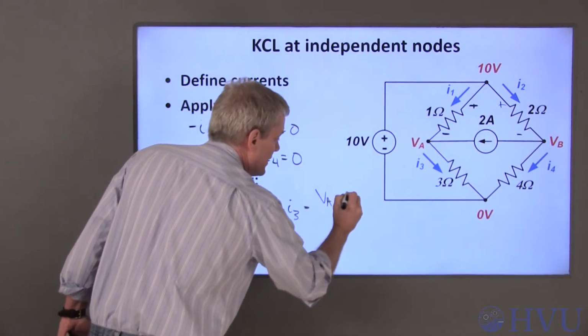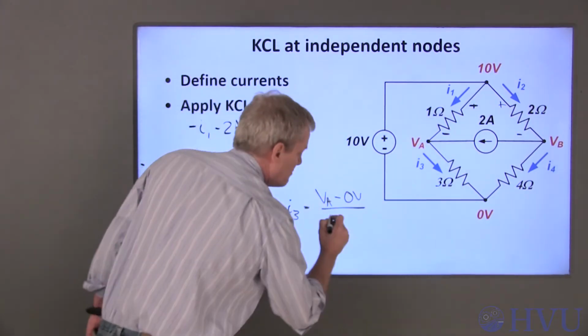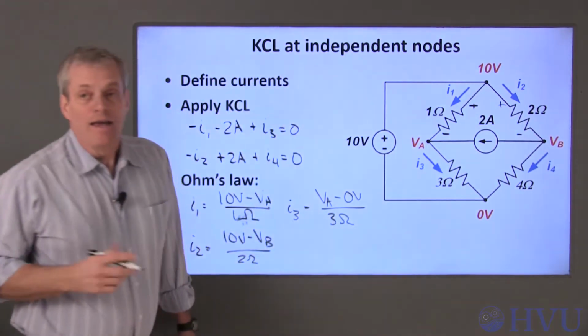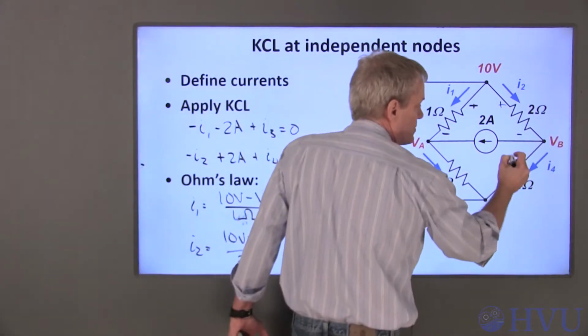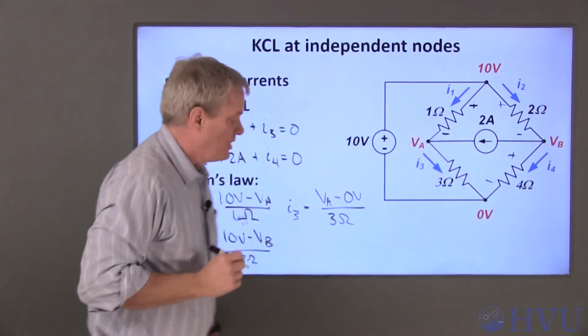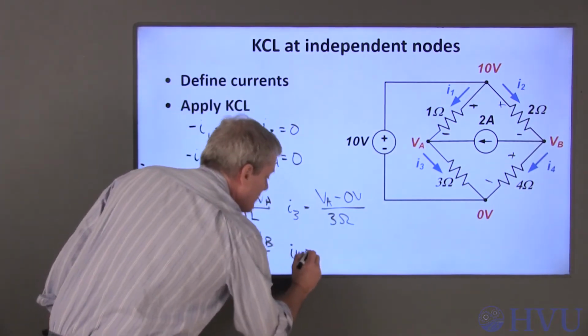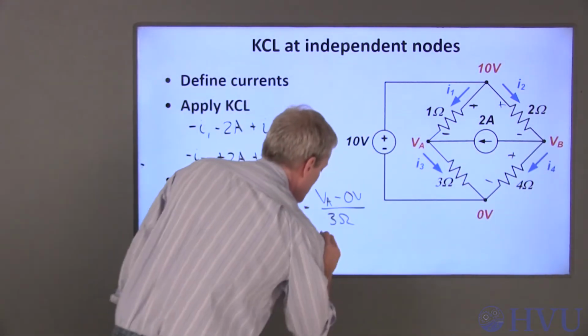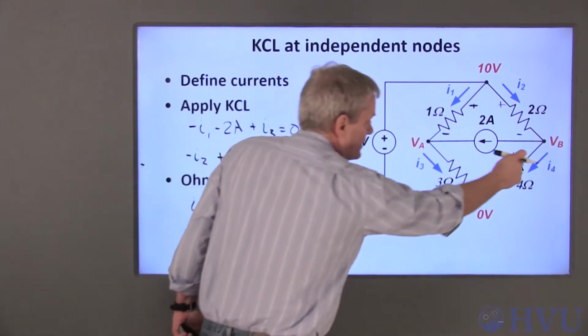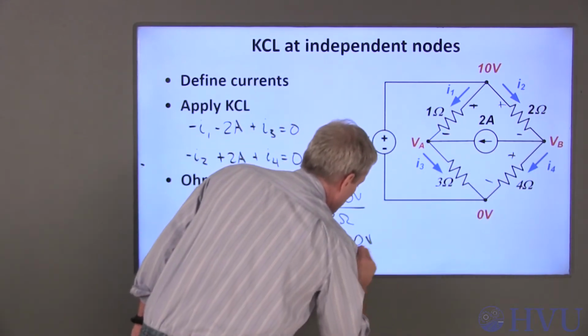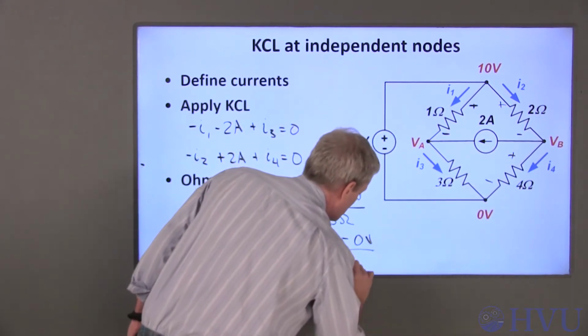So VA minus 0 volts divided by the resistance, 3 ohms. And finally, I4 is assumed this direction, implying that voltage polarity. I4 is the positive voltage VB minus the negative voltage 0 volts over 4 ohms.